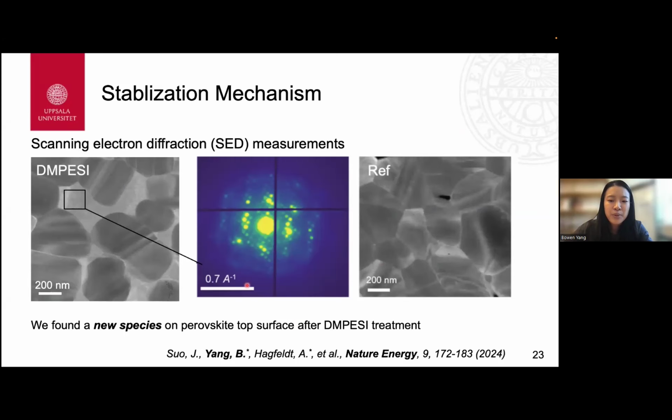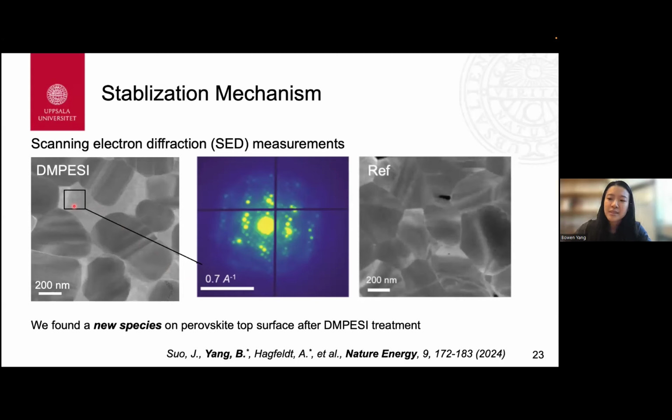One of the most important and interesting discoveries in the study is that we found the formation of an interesting new species on the perovskite top surface after this treatment. As mentioned earlier in the SEM images, we suspected that.